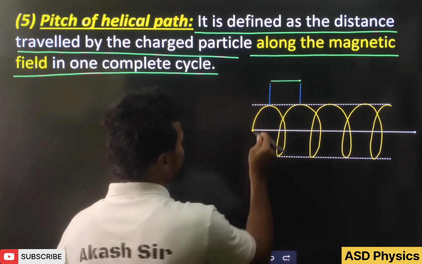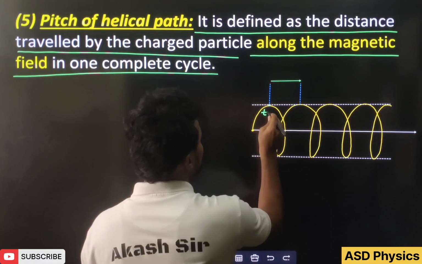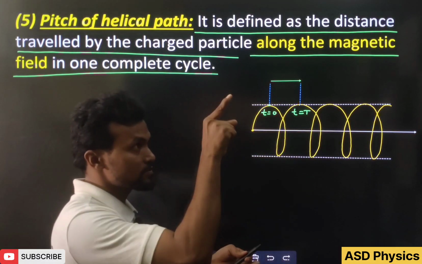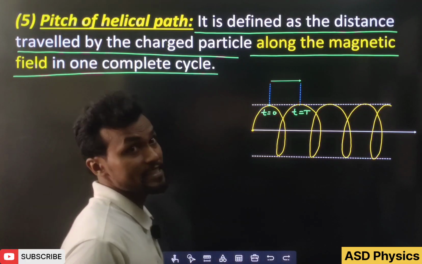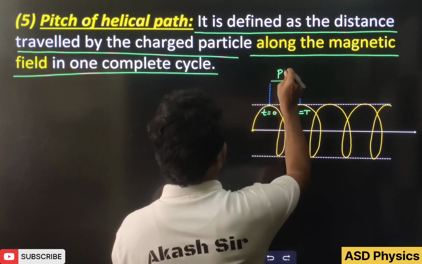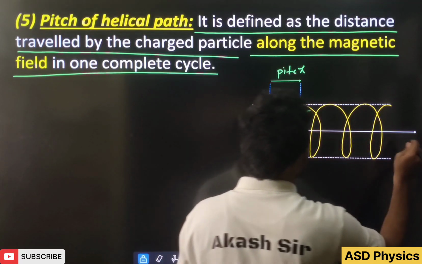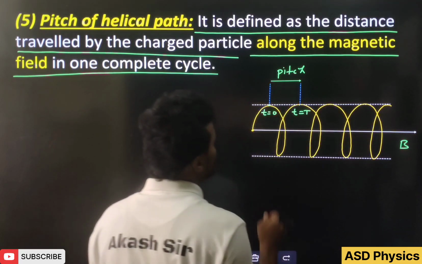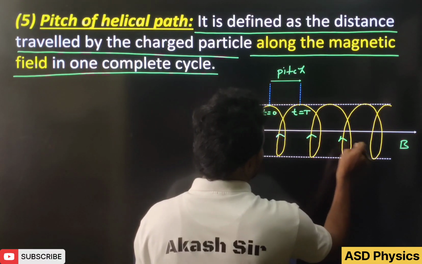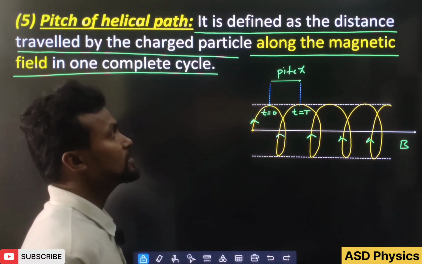Let's take, for example, at any instant, time t equals 0. After completing one circular path, t equals capital T. It will travel some distance in the direction of the magnetic field, in this direction B, and it is moving like this.